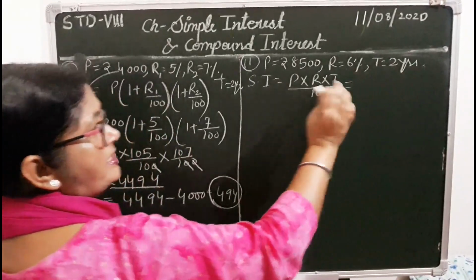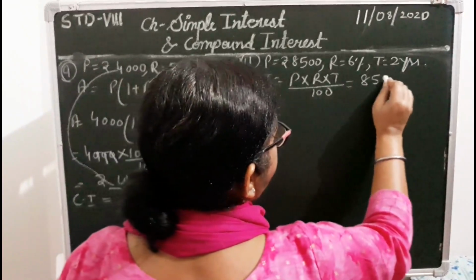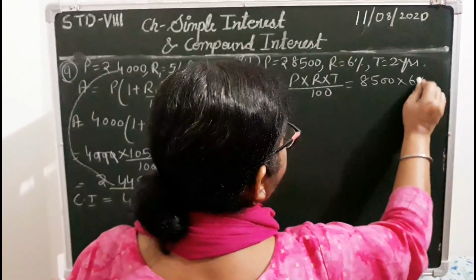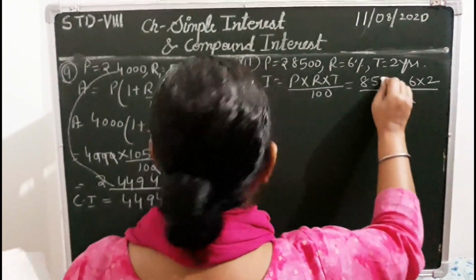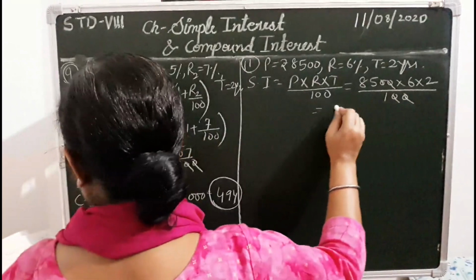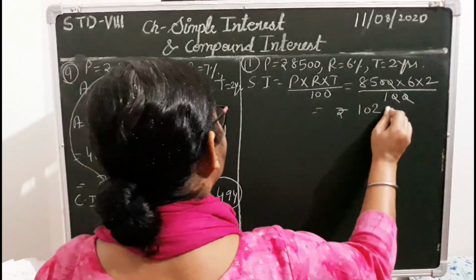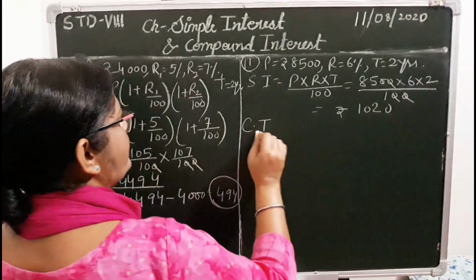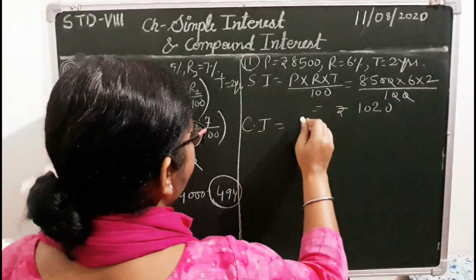Formula for simple interest: P into R into T over 100. 8,500 multiply 6 multiply 2 over 100, and rupees 1020.